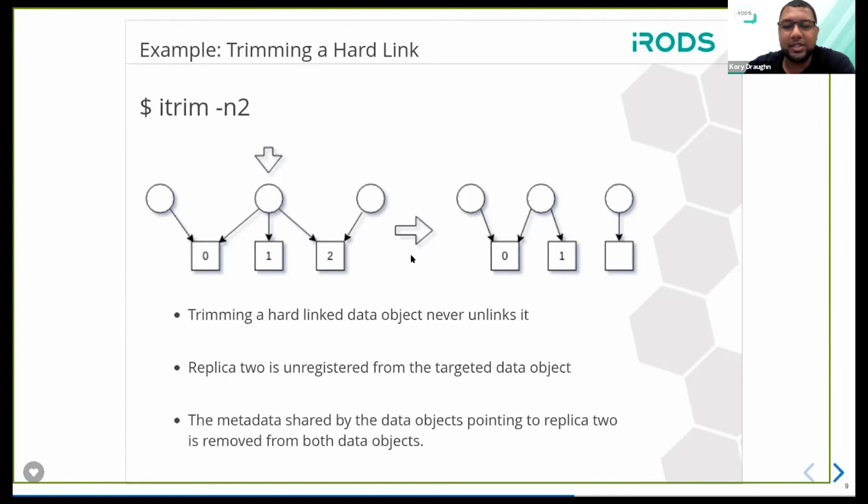So it looks at that and says, okay, all we really have to do is remove this. And once that happens, we're left with 1 data object, this one here pointing to replica 2. We can see that here. And because of that, we're now left with a hard link group of size 1, and therefore the hard link metadata is just removed from this data object as well as this data object. So now this data object shares hard link metadata with just this data object here.